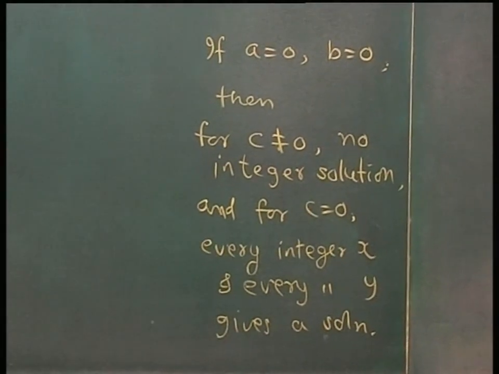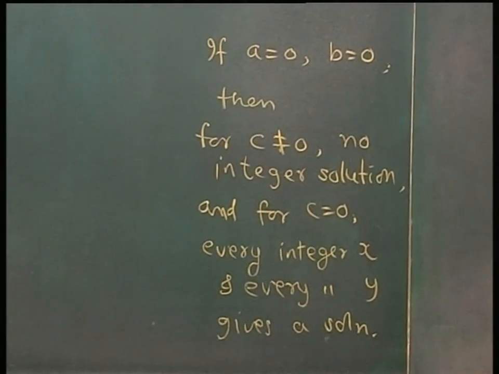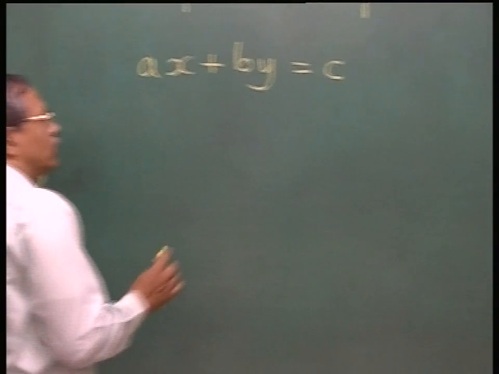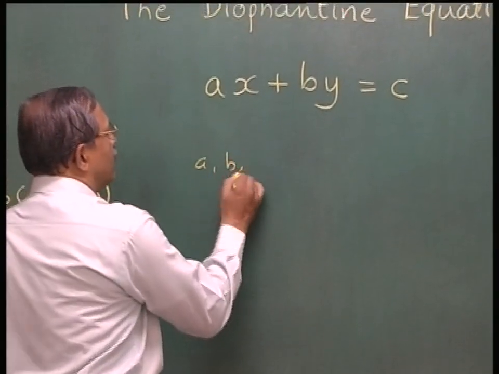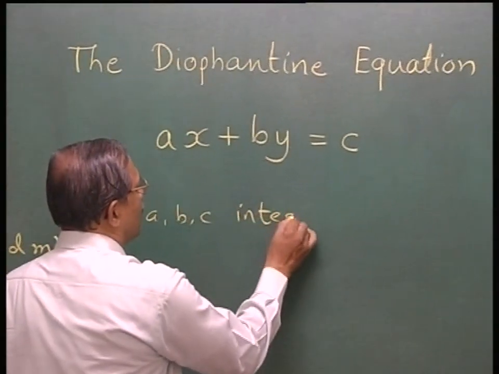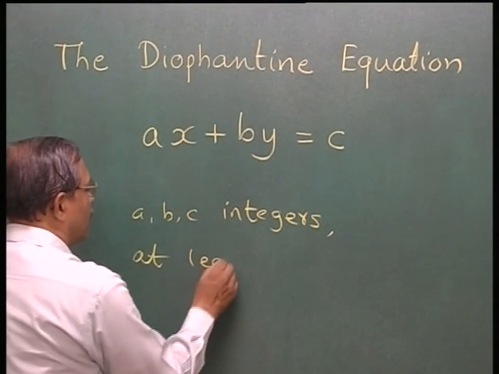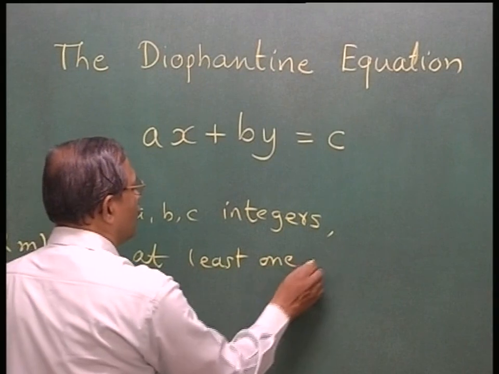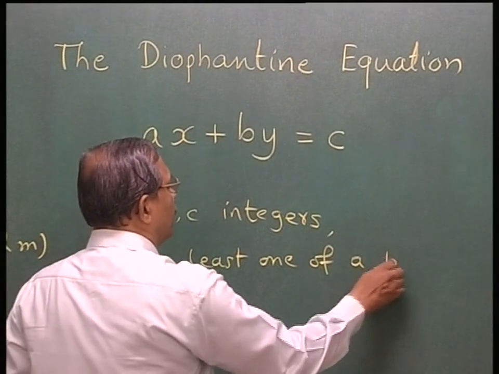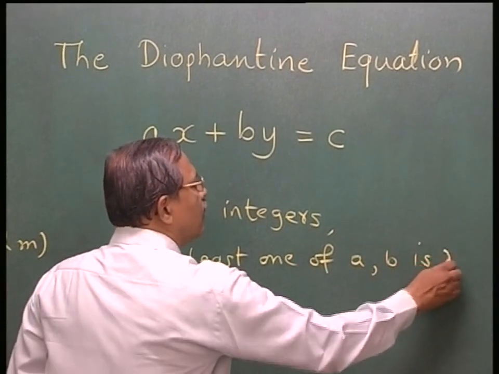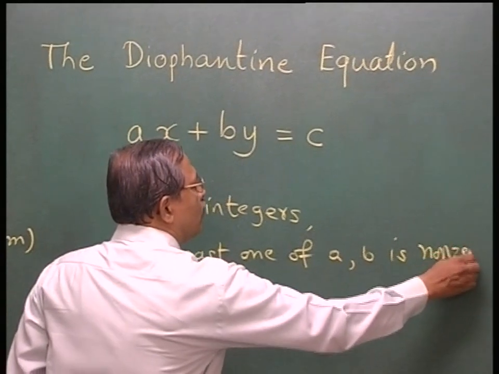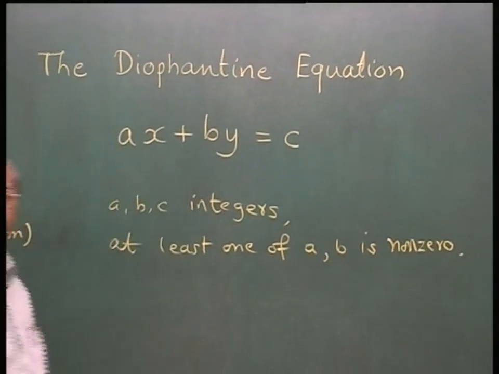So that's a trivial case, A equal to 0, B equal to 0. So let us assume that at least one of A and B is not equal to 0. So A, B, C integers, at least one of A, B is non-zero. That's the assumption.